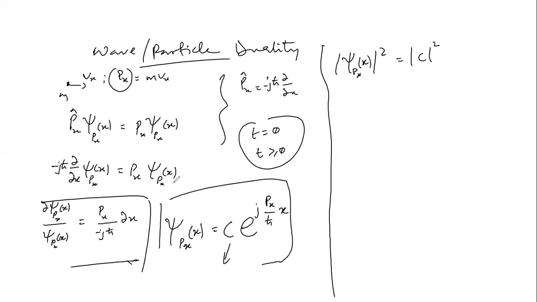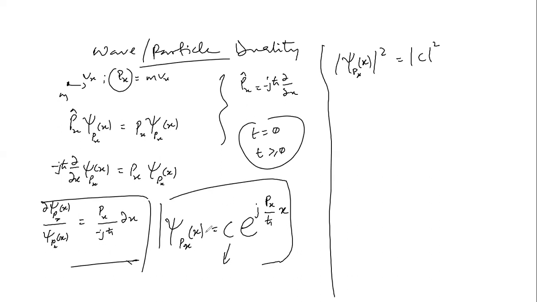Because once we take the mod of this entire expression, what we get is the magnitude of this, which is mod c squared. And you should know that the PDF is a constant independent of position, because here it's not a function of position, but the state function is a function of position, okay?